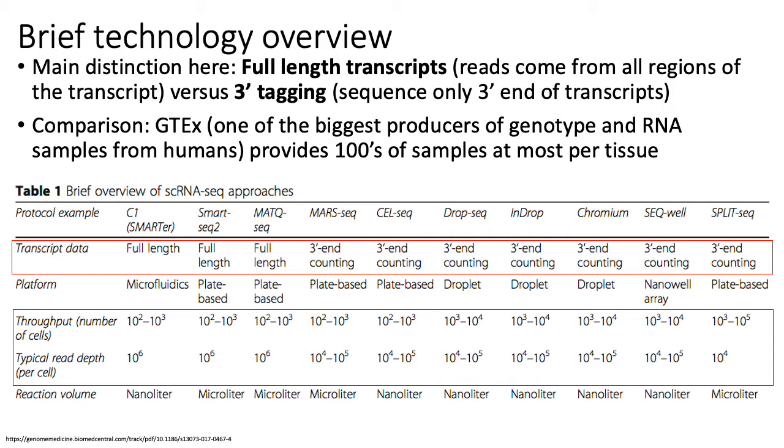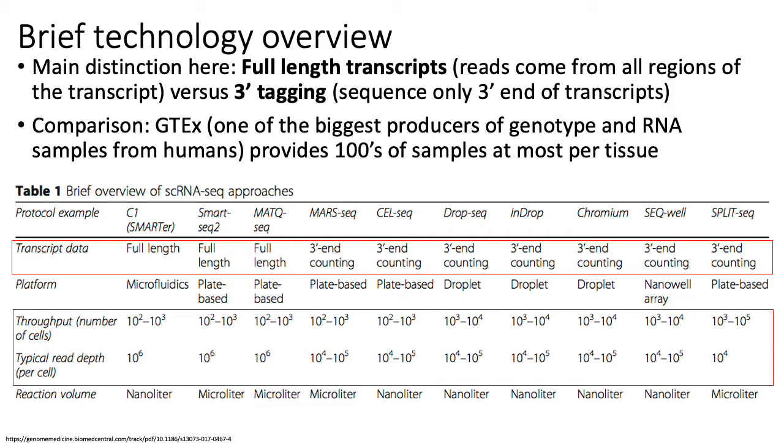But if you look at the typical read depth per cell, the full-length approaches tend to give you a higher number of reads per cell compared to the 3' end counting methods. So really, the choice of full-length versus 3' tag counting methods is a choice of how much information you want per cell.